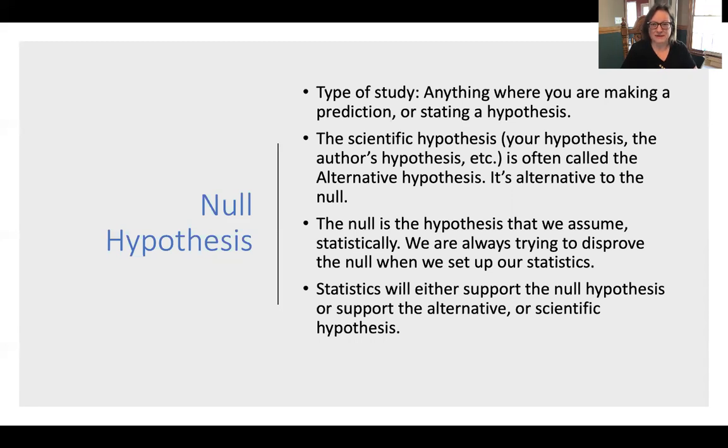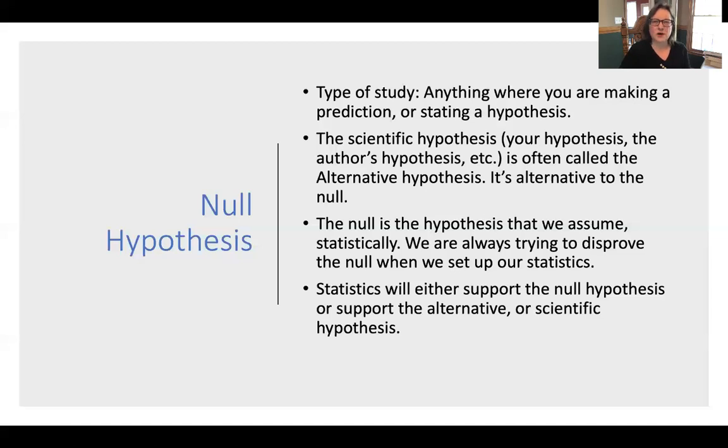You might see that. Okay, so when you set up your statistics, what you're trying to do with statistics is disprove the null hypothesis. So what you're saying is, okay, we got these results. Now, if the null hypothesis was true, what are the chances we got these results?